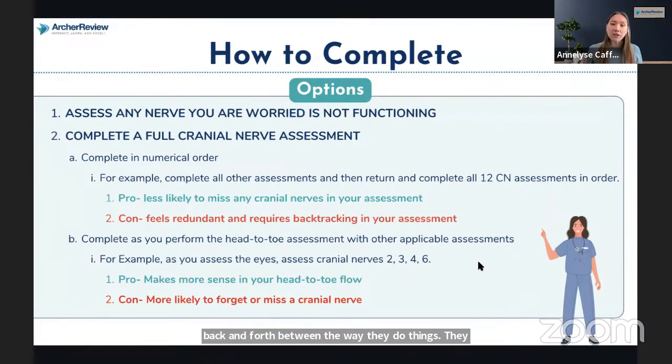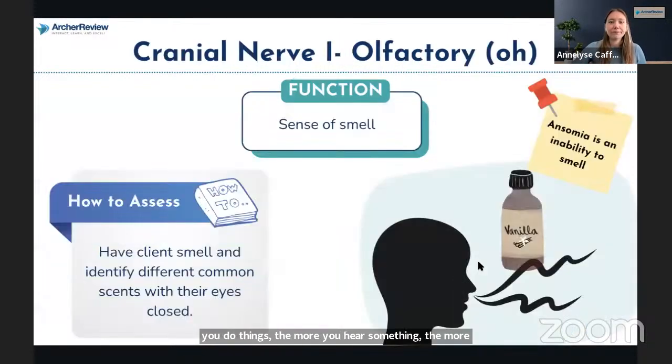That's going to put you at the highest risk for missing part of your head to toe. So that would not be my recommendation. Just go in the order that works best for you and do it the same way every time. Remember, repeating something is the key to success, I think. It's the same with memorization. The more you do things, the more you hear something, the more you practice it, the better you're going to get at doing it.